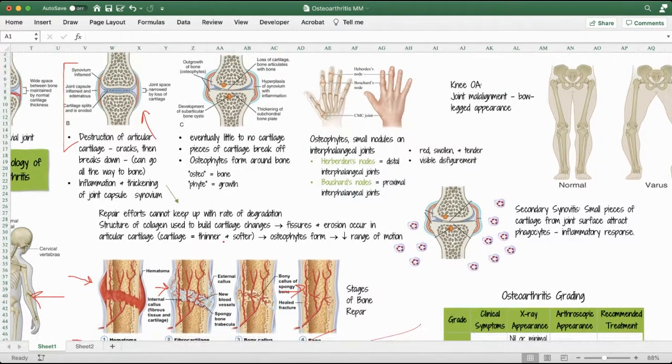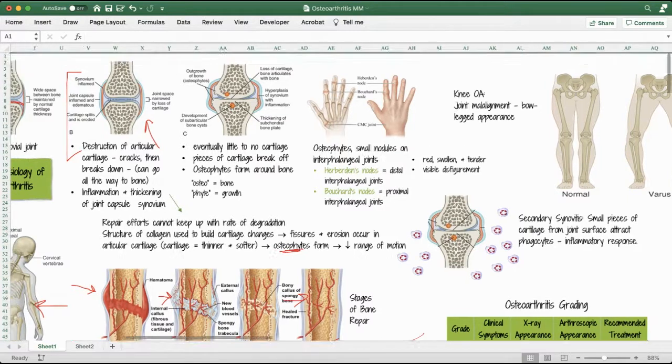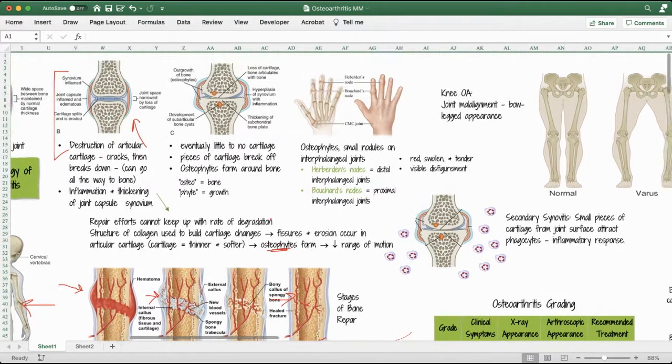And these osteophytes, there they are. Osteophytes are really key to understanding a lot of this. Eventually, if you look here, you end up with no cartilage between the bones. Little pieces of that cartilage have maybe broken off, maybe little pieces of the bones are chipping off, and your body is trying to remodel or fix it.